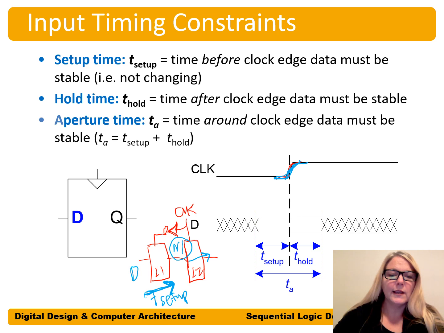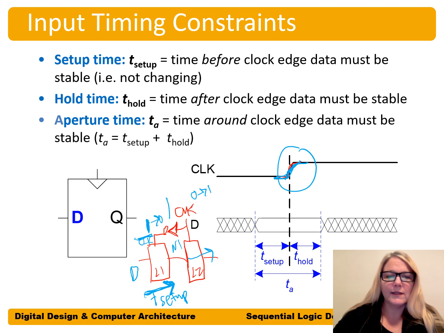Well, hold time is, when the clock goes from 0 to 1, when we get that clock edge right here, our data is going to go through here. But actually, when clock goes from 0 to 1, clock bar, this is clock bar that's driving L1, clock bar doesn't go to 0 until a short time later.